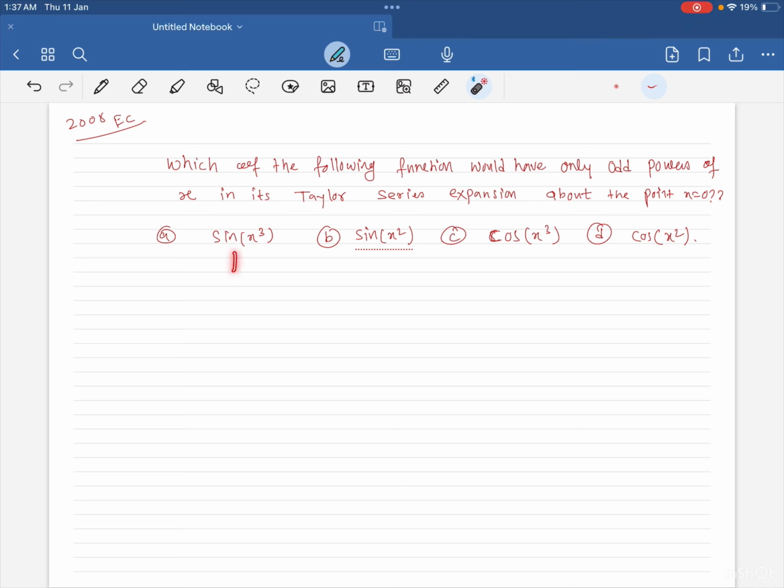So if you know the expansion of sin x, then you know the expansion of sin x, that is going to be x minus x to the power 3 divided by 3 factorial. So you see that here the power is odd. Now if you check this, the power will be even here also, here also. The correct answer for this is option A.